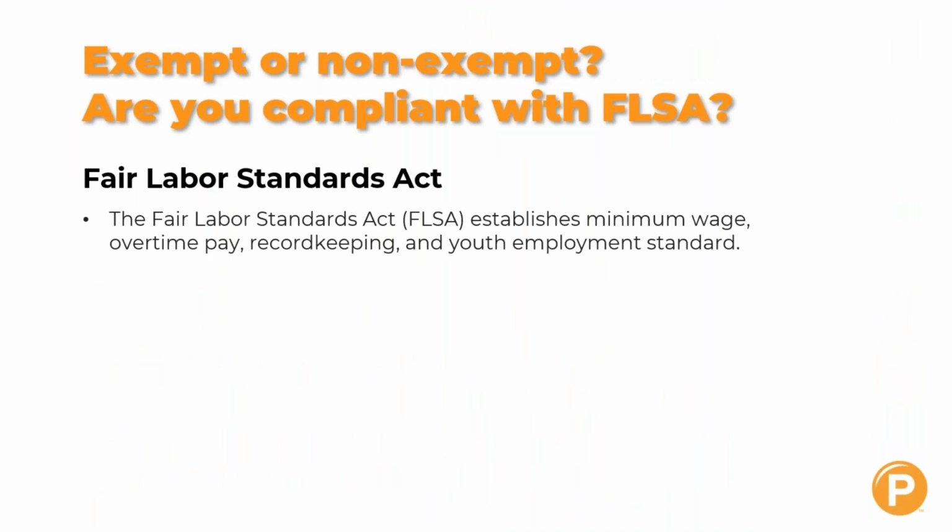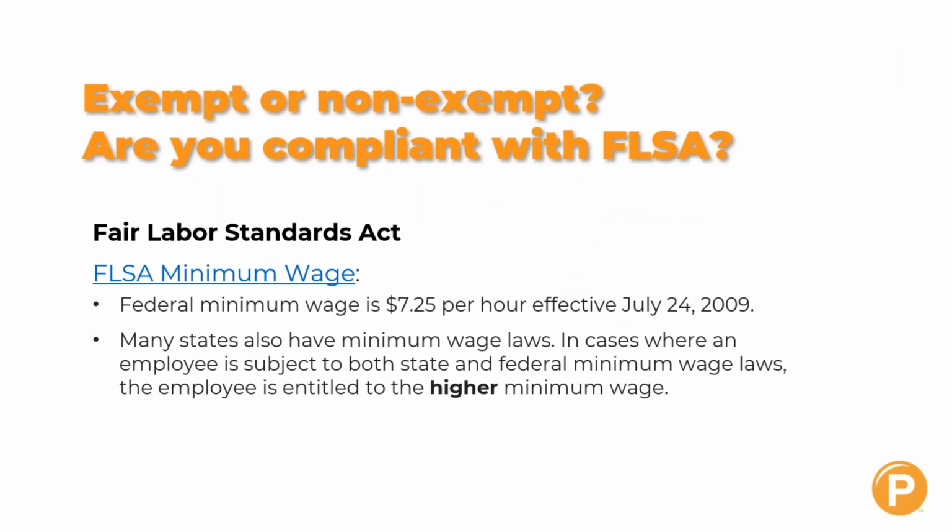Okay, so this is where we were talking about what is the Fair Labor Standards Act. And first thing we're going to talk about is the FLSA minimum wage. So some of this is just an overview of what the FLSA provides for, but the federal minimum wage is only $7.25 an hour.